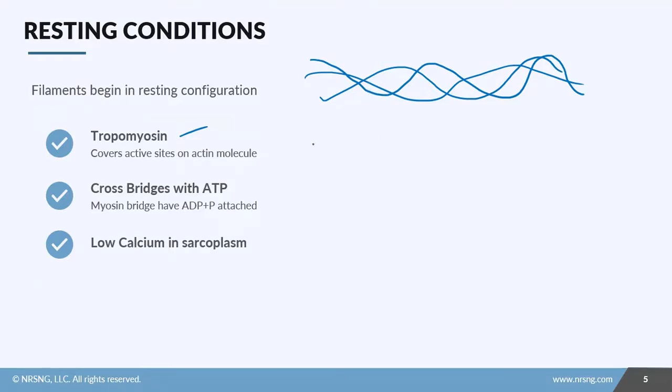The other thing is you've got your myosin filament, your thick filament, and you've got your myosin head. It has to have ADP plus an inorganic phosphate attached. It can't be ATP because that means it's in its resting position. That means it's all the way forward.